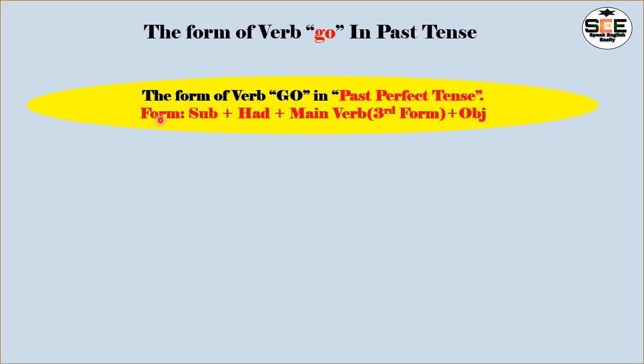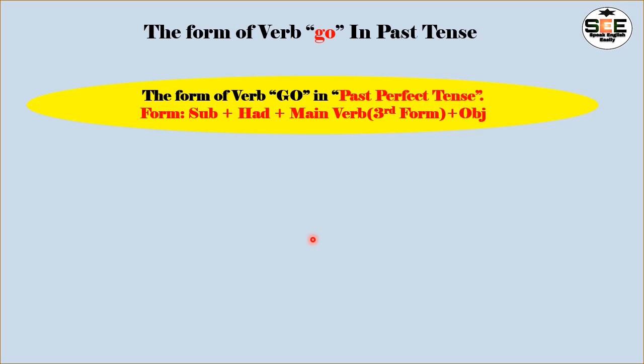So if we see this formation in any sentence, then we can definitely say that this sentence is in past perfect tense, right? In this way we can identify which sentence is in past perfect tense.